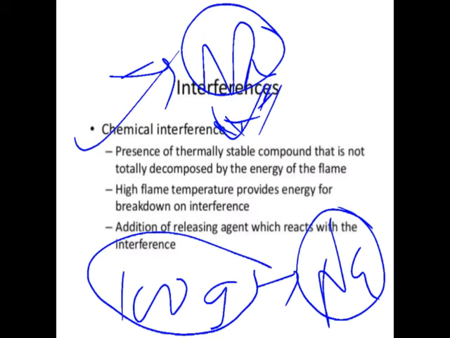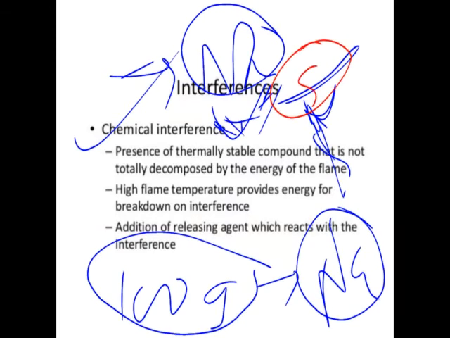So in flame photometry, the flame is there below the sample. When the flame is provided, if a thermally stable compound is there, it will not undergo decomposition or vaporization completely. For example, if X is the compound to be determined, it is 100 gram, and it has to be converted into the vapor state.